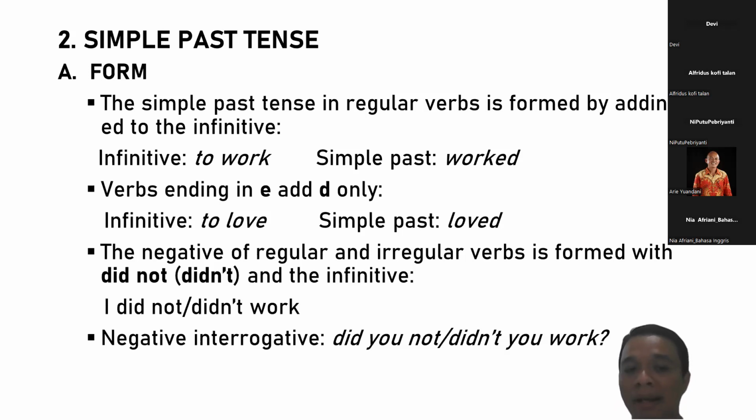For example, I did not or I didn't work. And also the negative interrogative. For example, did you not work or didn't you work? Okay, that's the form of the simple past tense.